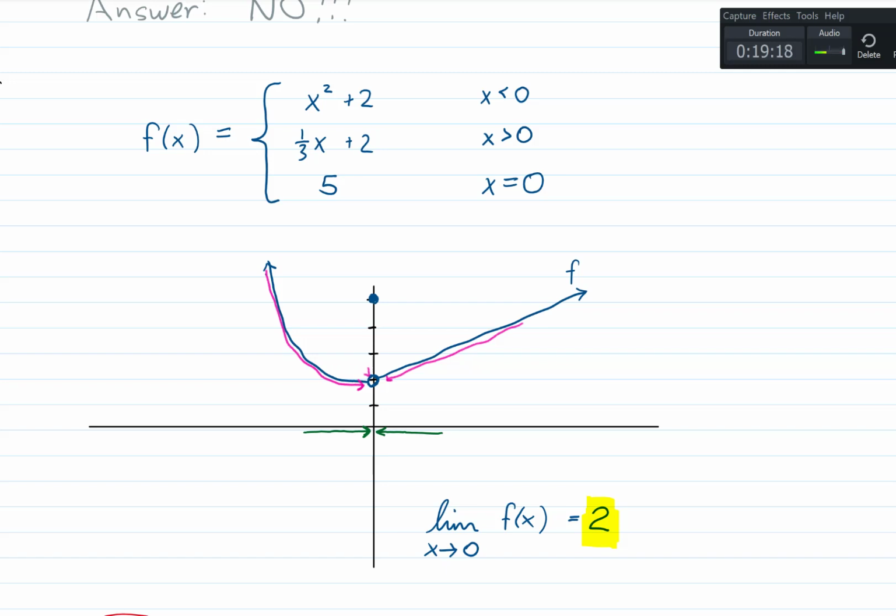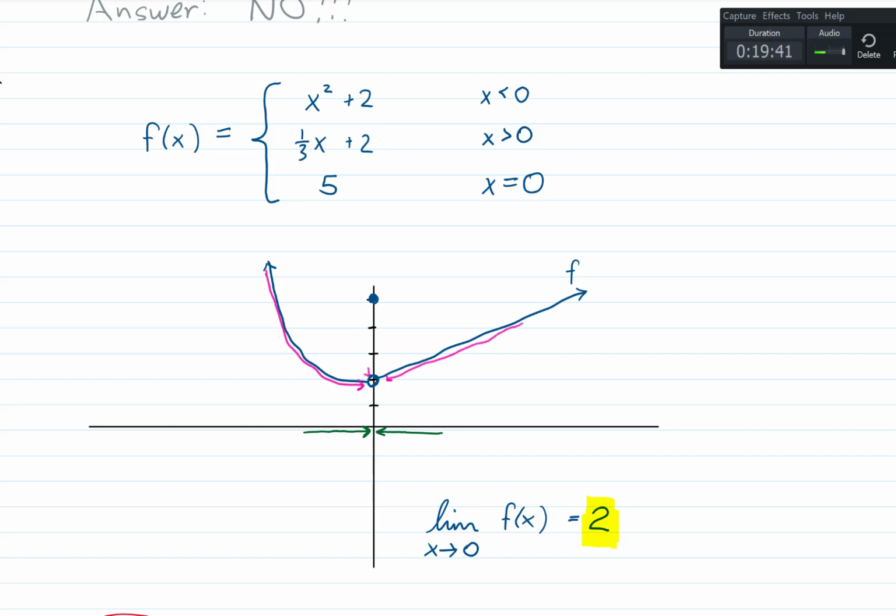But let me ask you a question though. What if I did not have the graph? Or what if I had the graph, but it wasn't a very well-drawn graph? Maybe somebody was just scribbling the graph. You know, you should never trust the graph, right?